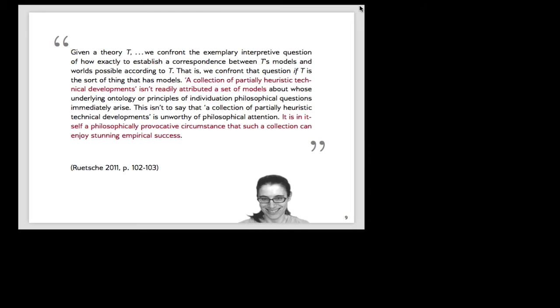But then I think by saying it isn't readily attributed to a set of models, I take this to be in part a symptom of the fact that the perturbative characterization of the theory doesn't satisfy the exactness requirement. But she goes on to note that it is in itself a philosophically provocative circumstance that such a collection can enjoy stunning empirical success.